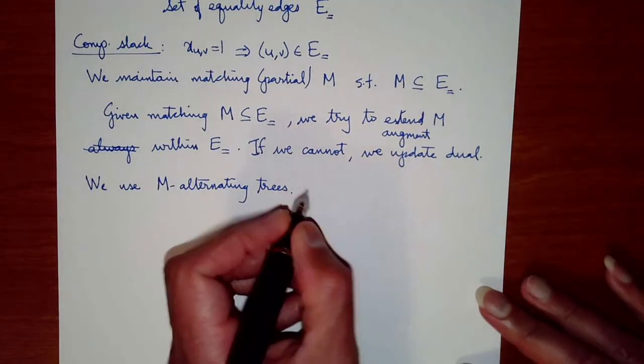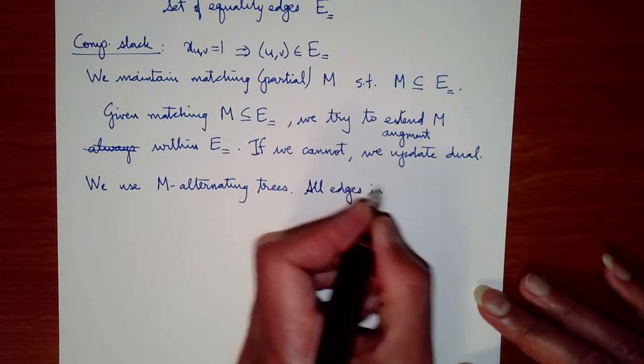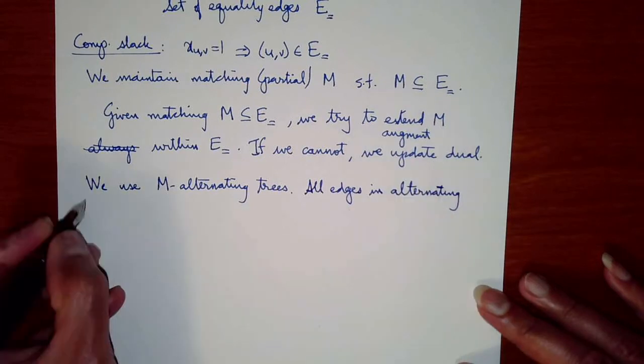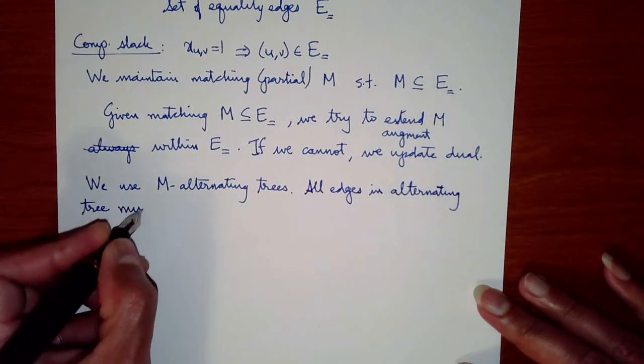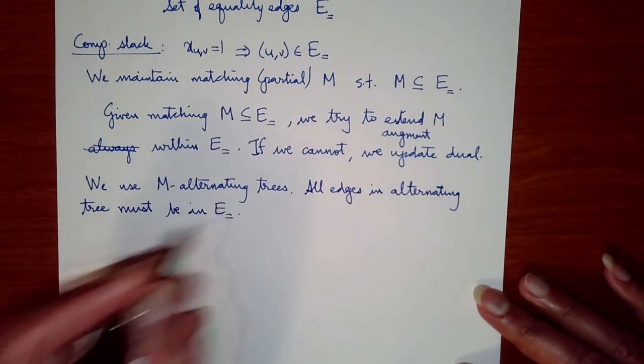We need all edges in the alternating tree to be in the equality set.